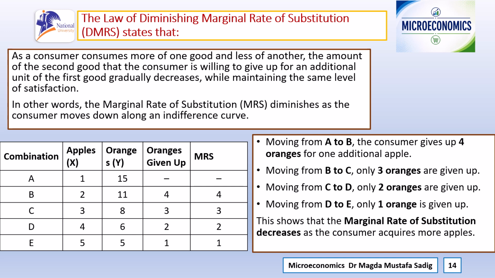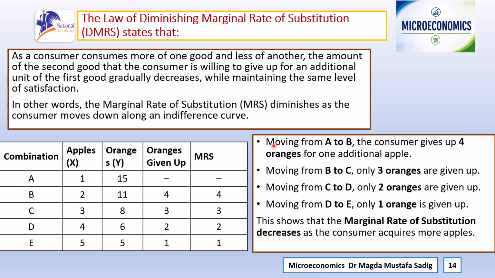Okay, let me illustrate the marginal rate of substitution and the diminishing marginal rate of substitution using a table. The law of diminishing marginal rate of substitution, often abbreviated as DMRS, explains how consumers' willingness to substitute one good for another changes over time.